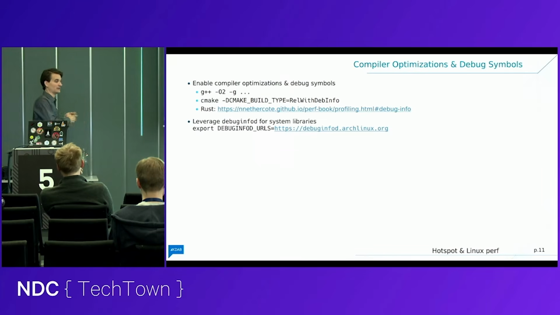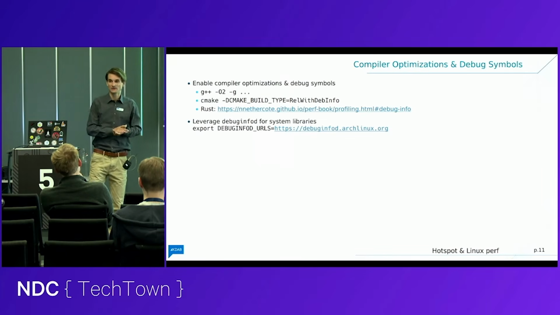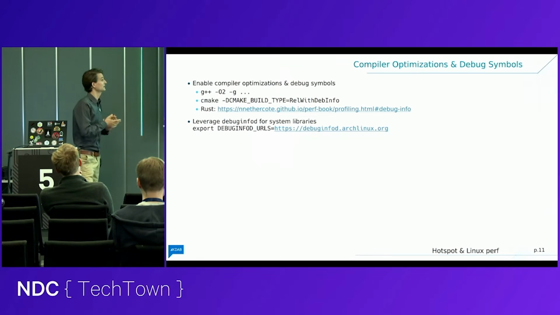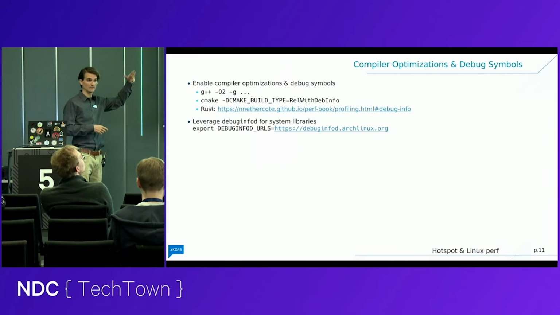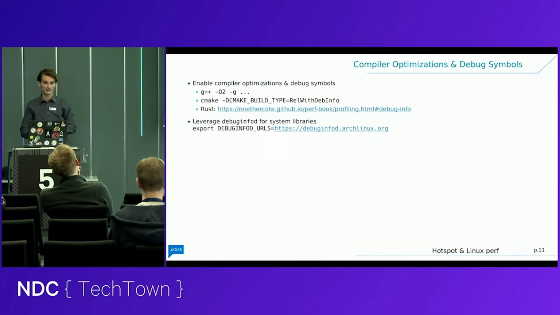And when you're using Rust, and I'm happy to see more and more people talking about Rust here at this conference, I like the language myself. Thing is though, you have to do some more manual fiddling with the configuration. It's all publicly documented. It's not a secret or anything. You just have to be aware of it. Follow that link, follow the documentation, basically how to get such a build configuration up and running.